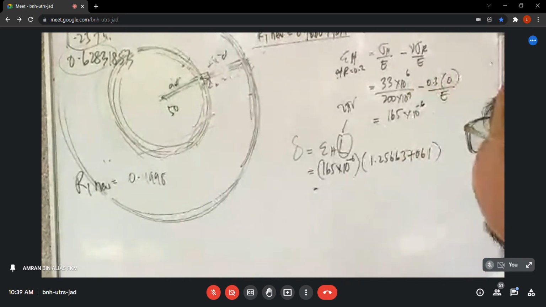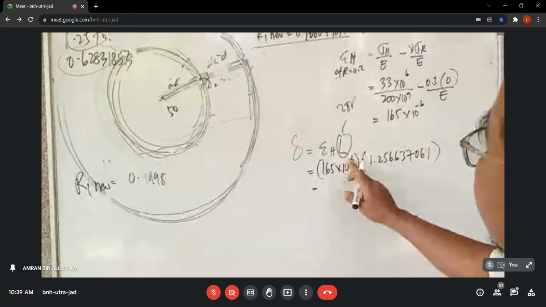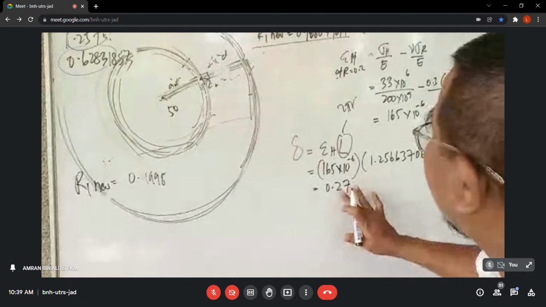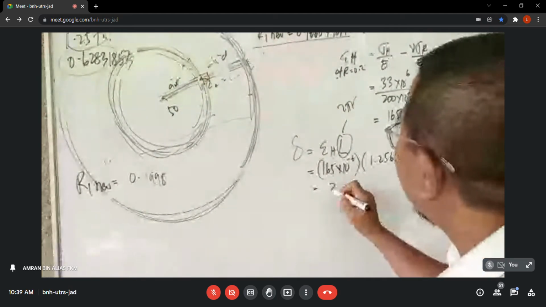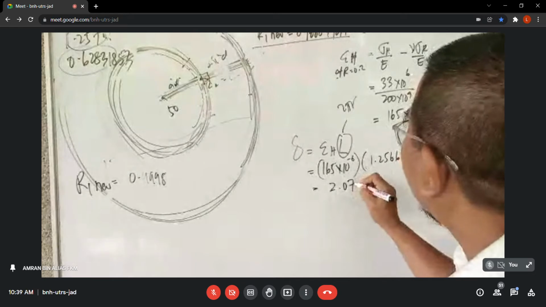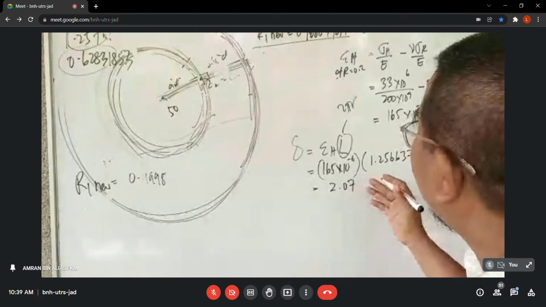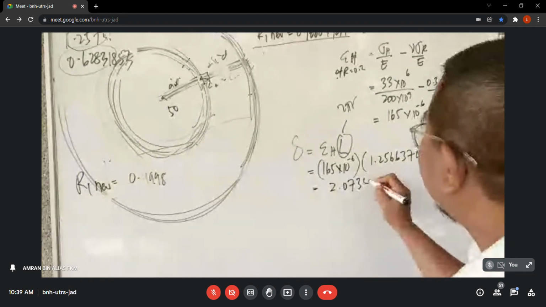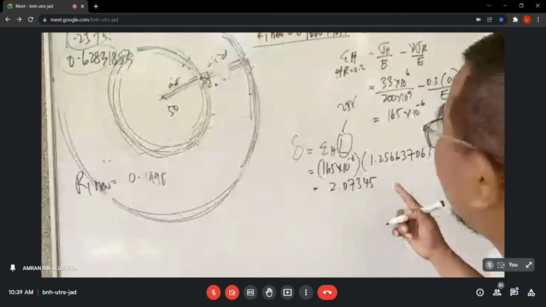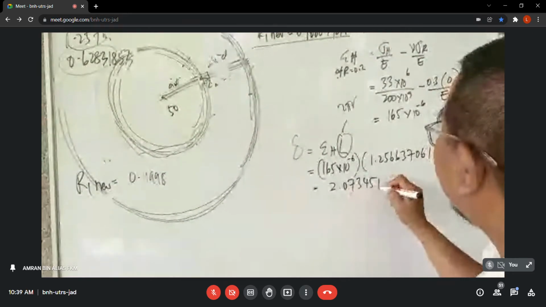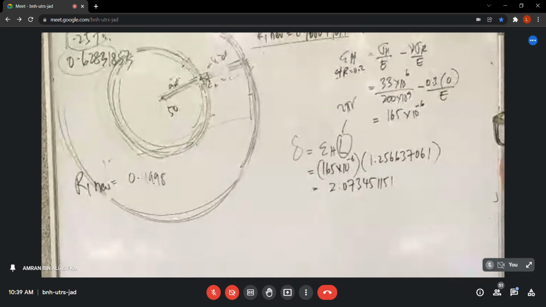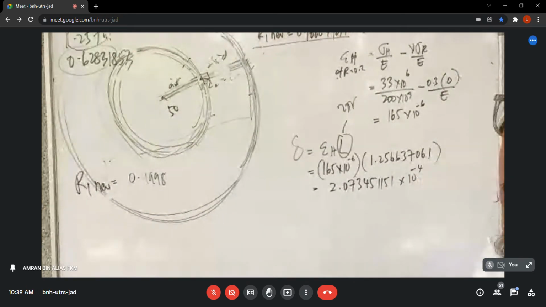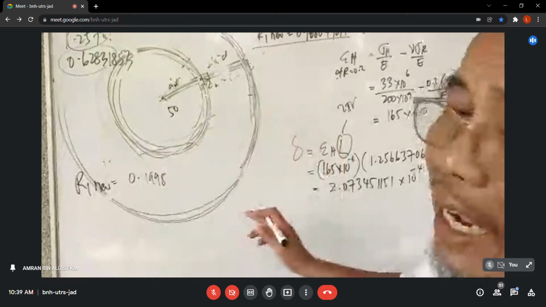What's the value there? 2.07 to the power of negative 4, 2.07 3451151. Ah, 10 to the power of negative 4. And then there is the change in length, right?